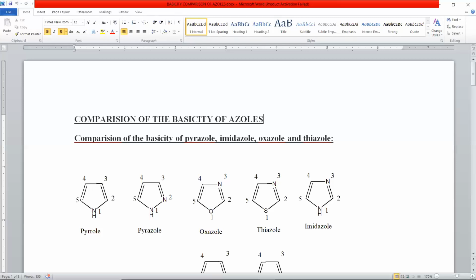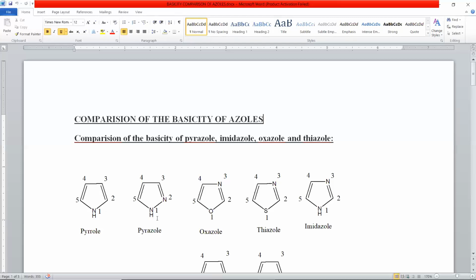Here we have two double bonds. Each double bond contains two electrons, 1, 2, 3, 4, and with the two electrons which are present over the nitrogen, it forms an aromatic sextet, and thereby pyrrole becomes aromatic.